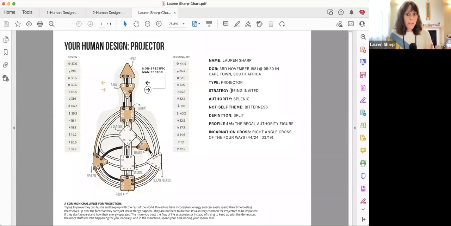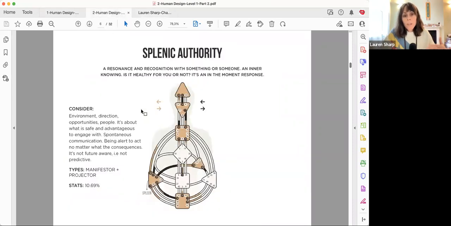Hey, Lauren, would you like to come and teach for us? Would you like to come to this party? It's that being invited. Would you like to speak on behalf of, I'm activated, I feel it, or I immediately don't feel, and I'm like, that doesn't feel right. So that would be the communication that I would have within my system.